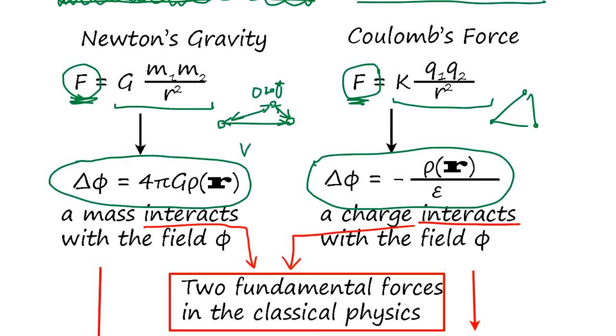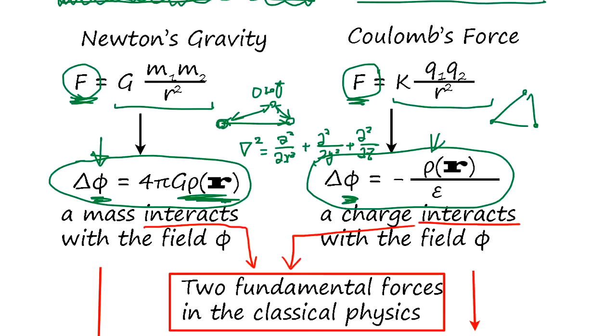Basically, it's an inverse triangle square, and that means the mass creates the field called potential field. The charge creates a potential field, and this potential field interacts with particles.